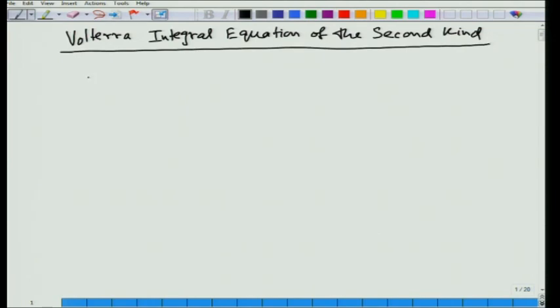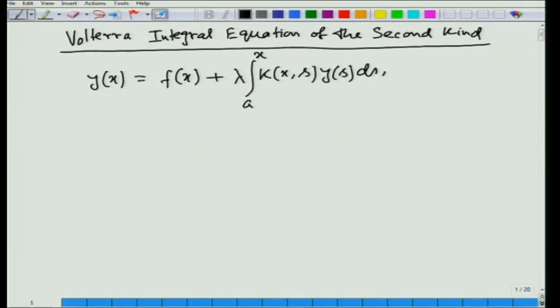So, the basic structure is given by y(x) is equal to f(x) plus lambda integral a to x k(x, s) y(s) ds, where a less than or equal to x, s less than or equal to b.